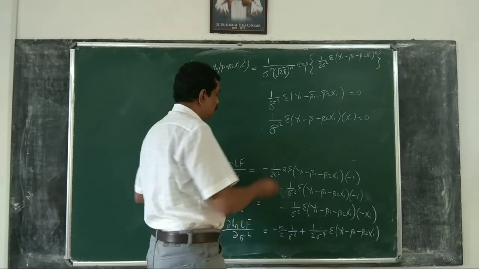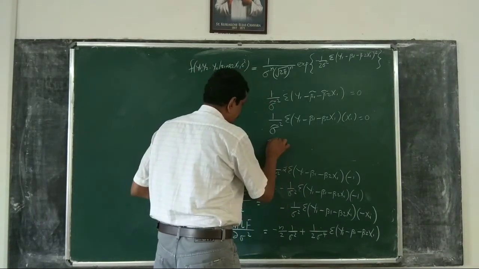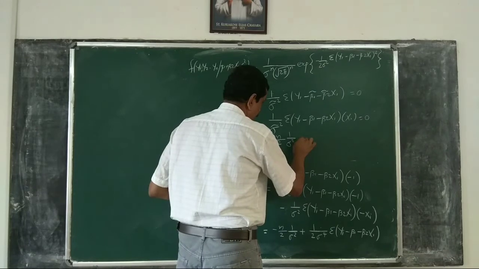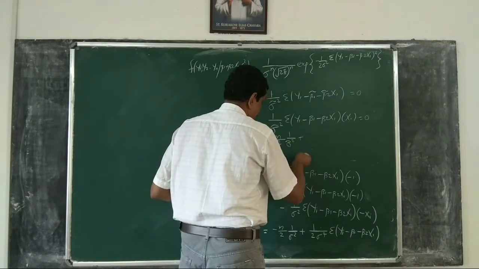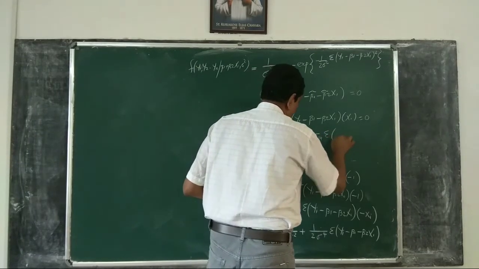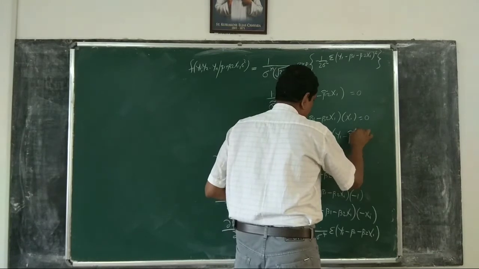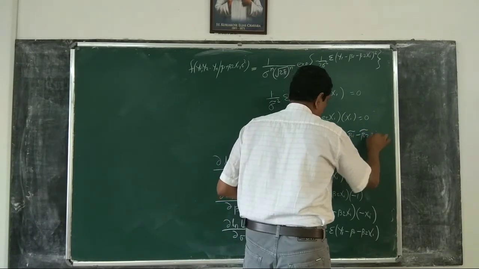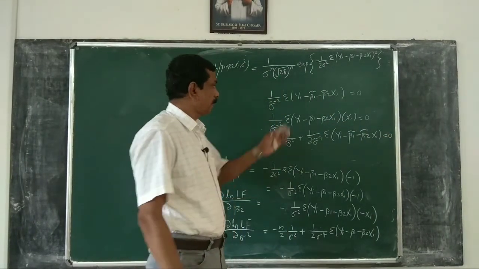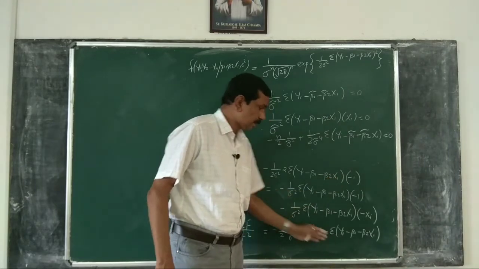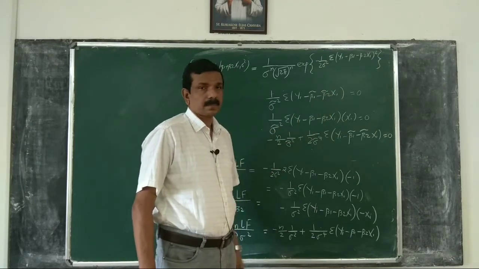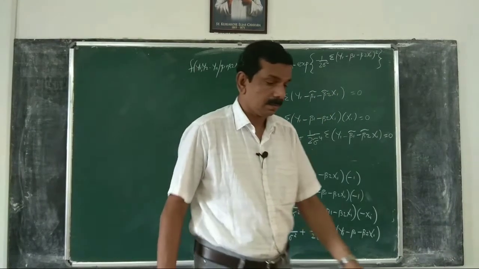And minus n by 2 into 1 by sigma tilde square plus 1 by 2 sigma tilde raised to 4 into sigma yi minus beta tilde 1 minus beta tilde 2 xi whole square equal to 0. So what I did here is equating these to 0, which is equivalent to giving specific values to the unknowns.